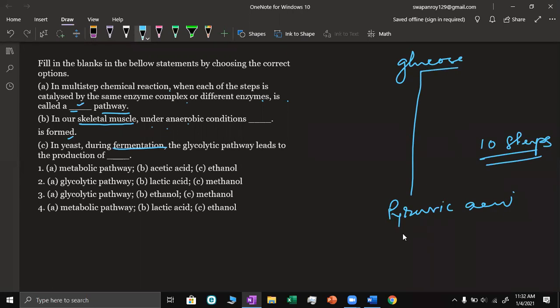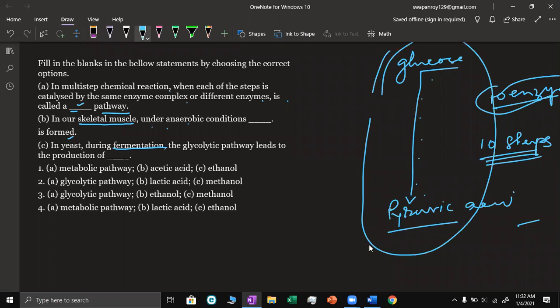Glucose changes into pyruvic acid in 10 steps. So there are 10 different chemical reactions and 10 different enzymes involved. Sometimes we call it the enzyme complex, or individual enzymes at every step. This type of chain of reaction we call a metabolic pathway.